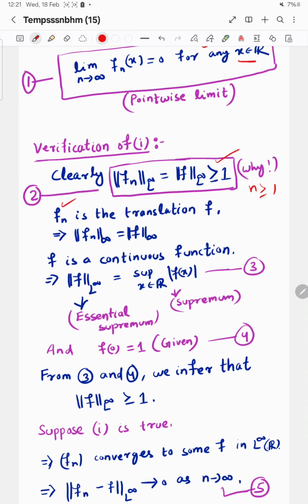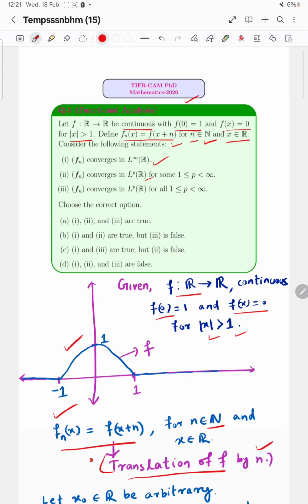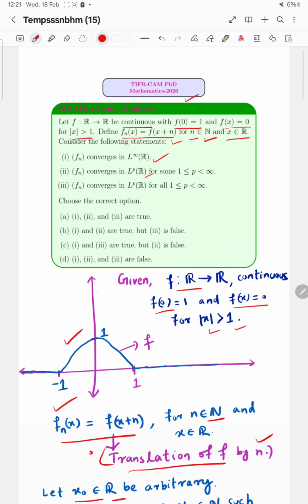Since we know that f_n is nothing but the translation of f, if you draw the graph, then f_1 will look the same, but it will shift because it is translated by 1. The graph will shift either to the left hand side or the right hand side.